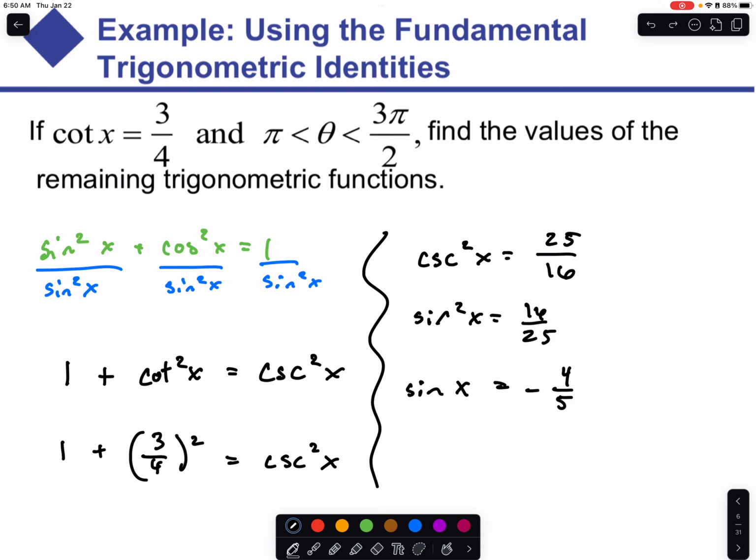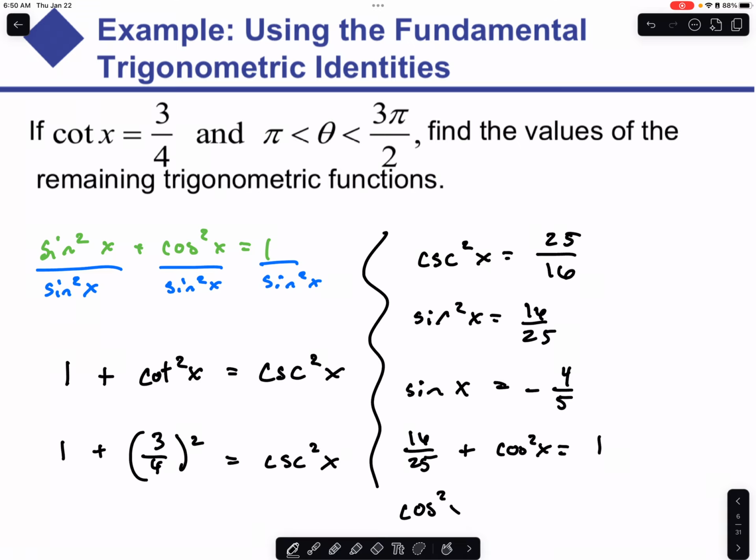Sine squared plus cosine squared equals 1. So then that's going to be 16 over 25 plus cosine squared equals 1. So then cosine squared should equal 25 minus 16, 9 over 25.